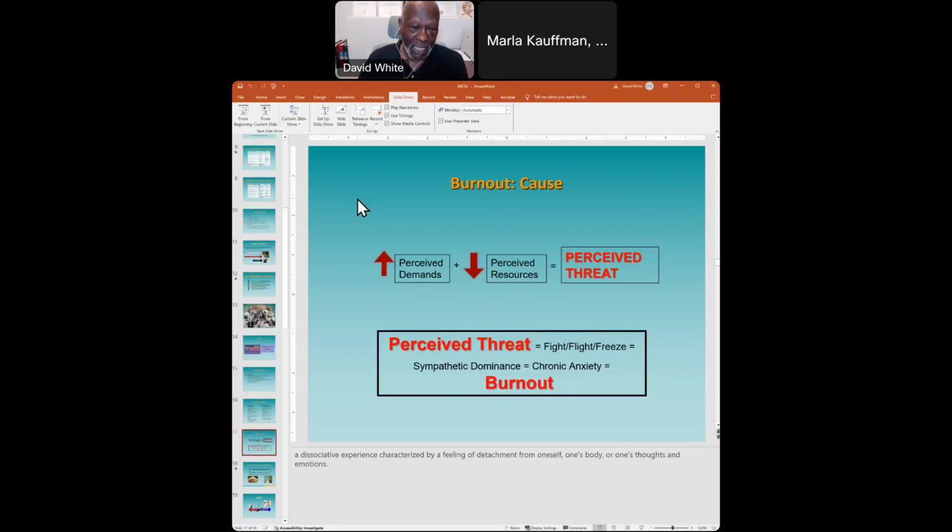The problem is it's not supposed to stay on. Your sympathetic nervous system becomes activated because there's a perceived threat in the environment. You get an increase in adrenaline, an increase in cortisol, an increase of all the hormones as you get ready for fight, flight, or freeze.